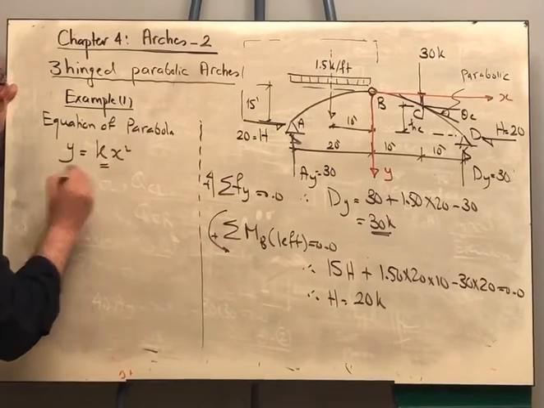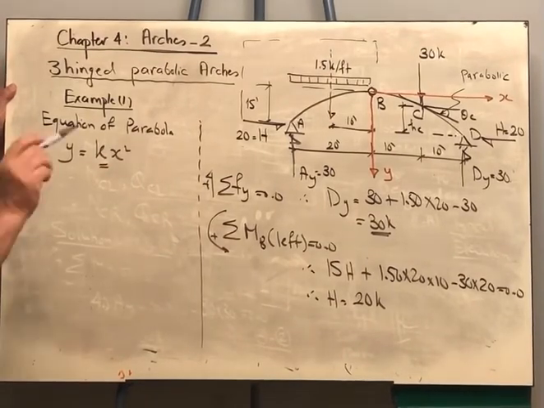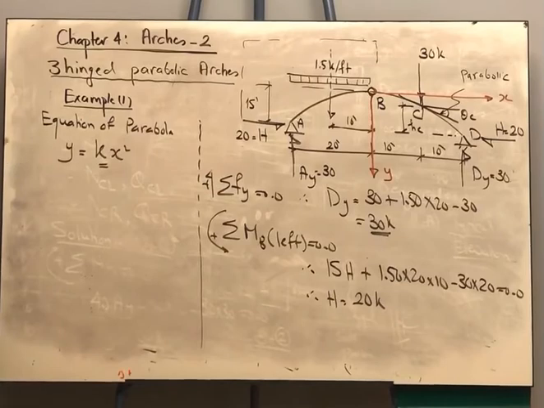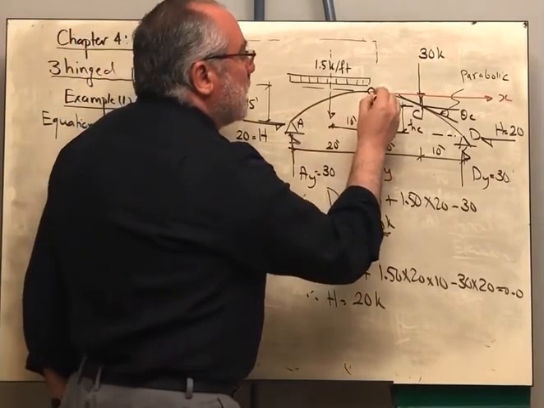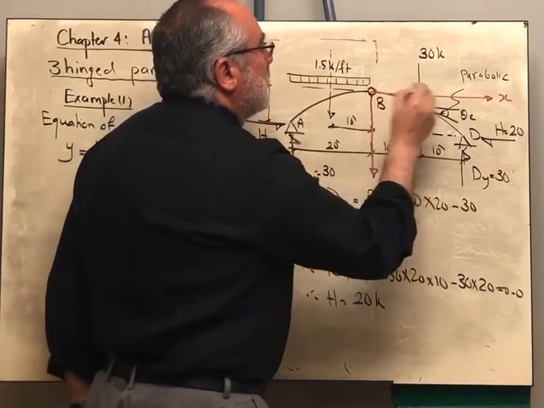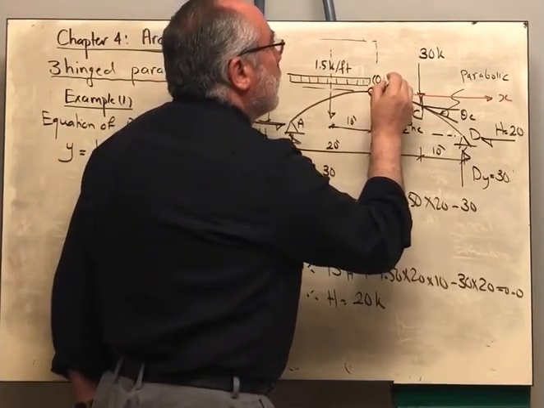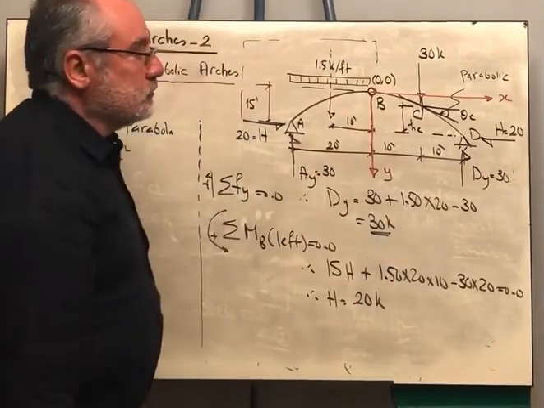How can we get the constant? By substituting with a point with known coordinates. Because I am selecting my axes in this direction and this direction, this is the origin. It is 0 and 0.